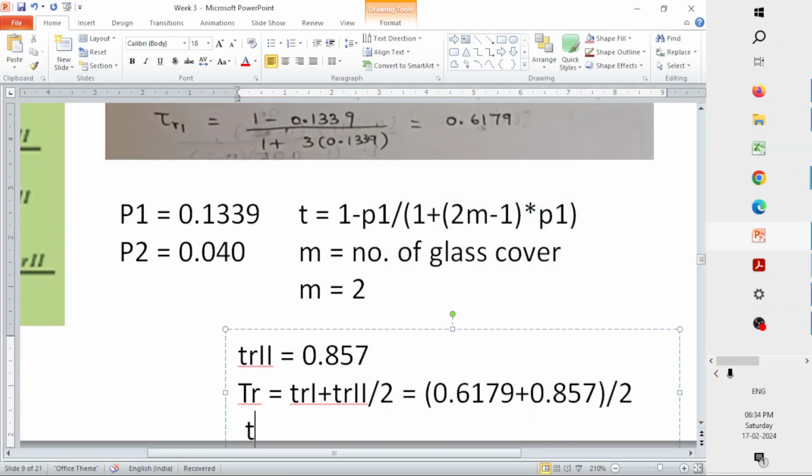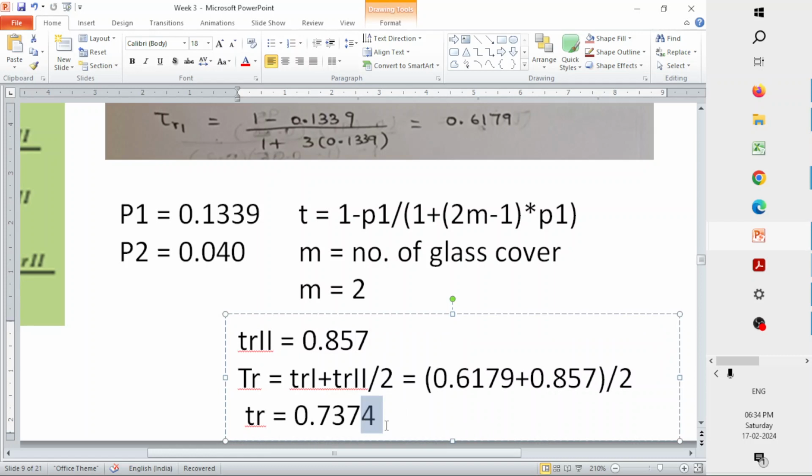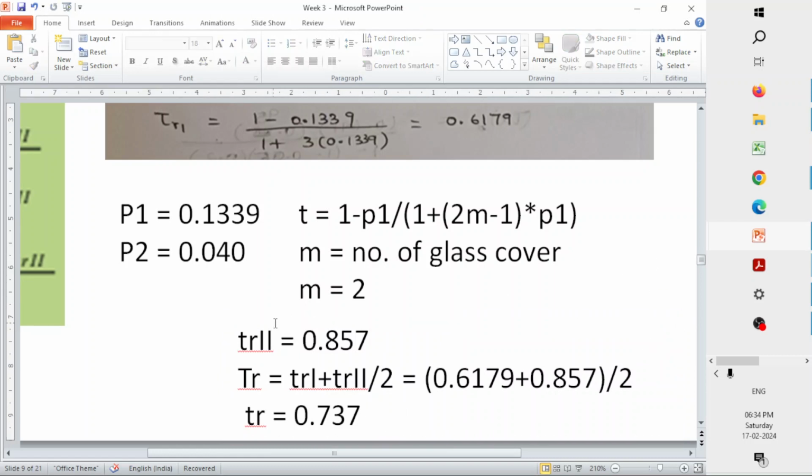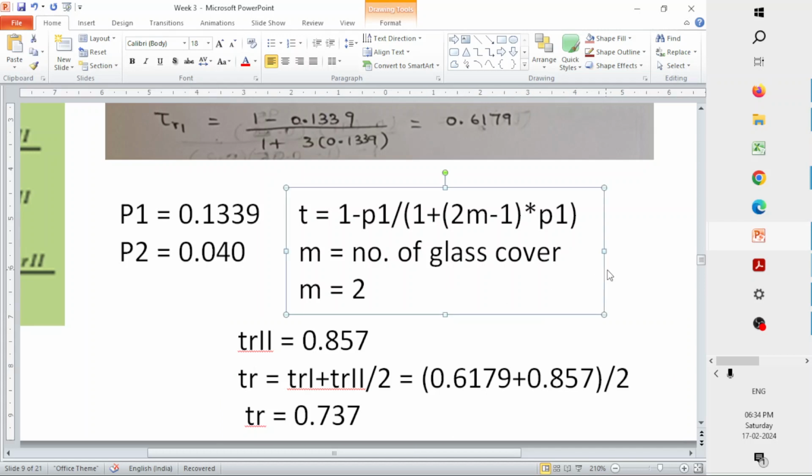Let's take tau R equal to 0.7374. Three decimals is more than enough. So this is your transmissivity due to reflection and refraction.